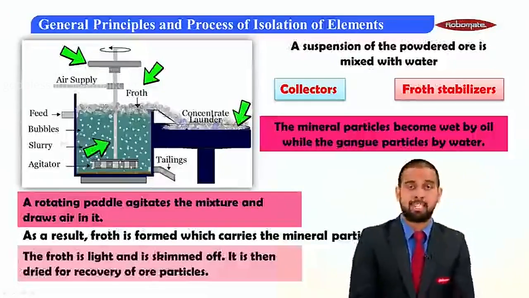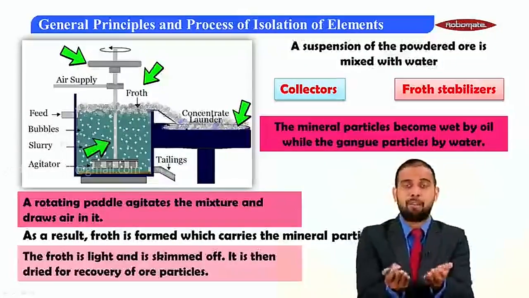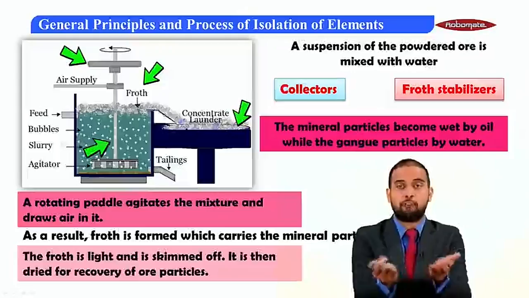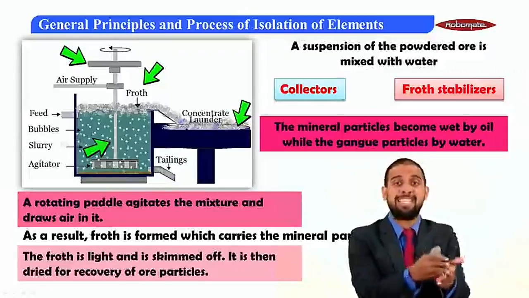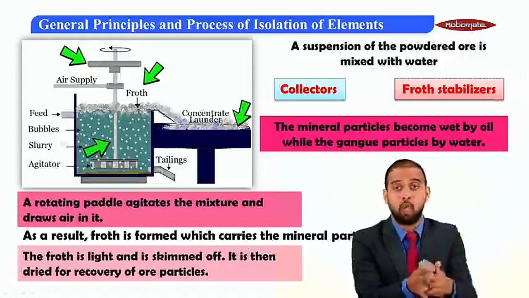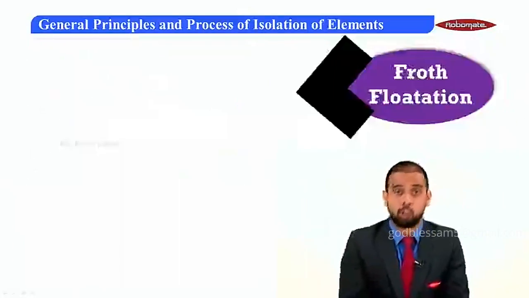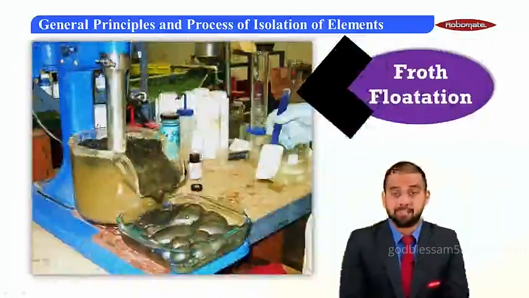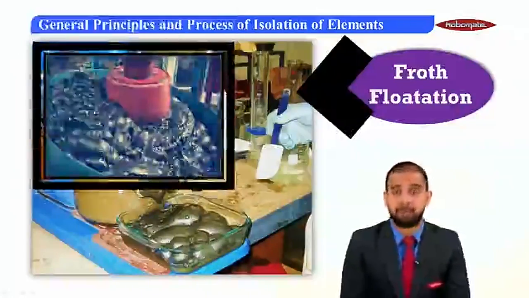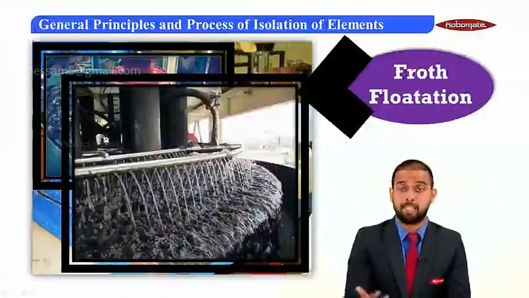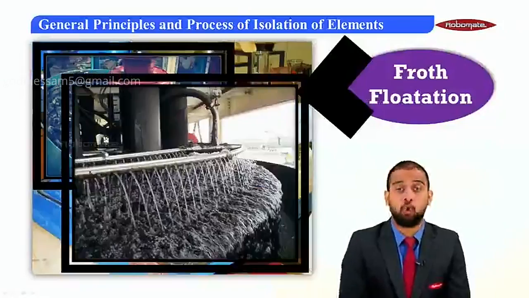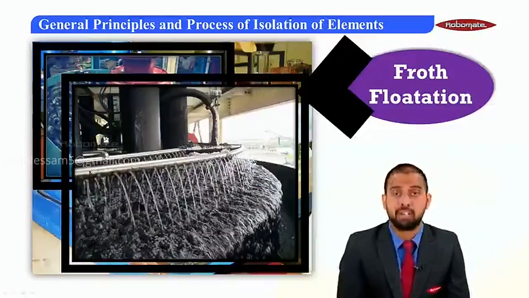We can skim off the froth, press it, clean it, and use it for the further recovery of the metal, whereas the gangue particles are left in the water and can be thrown away. The same froth flotation in industry is carried out in this manner. And as I told you, this is used only for sulfide ores.